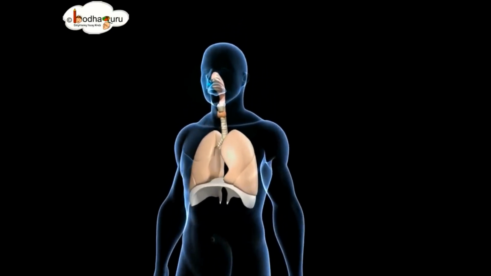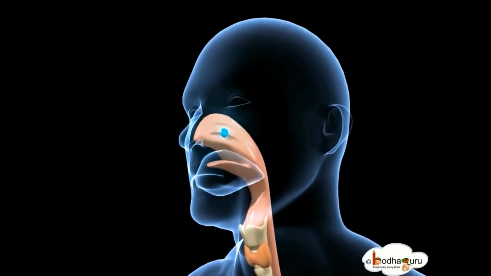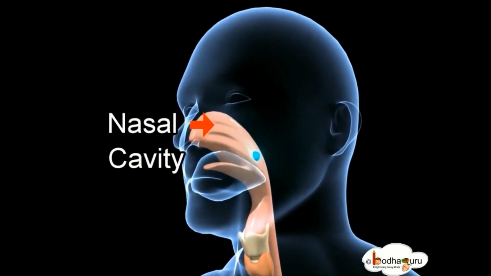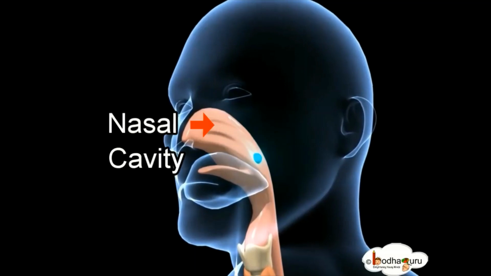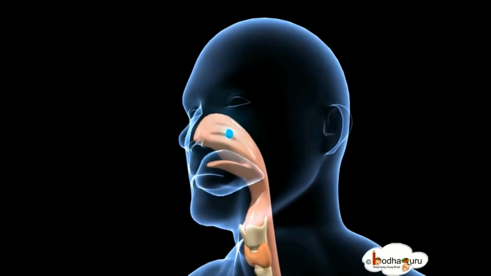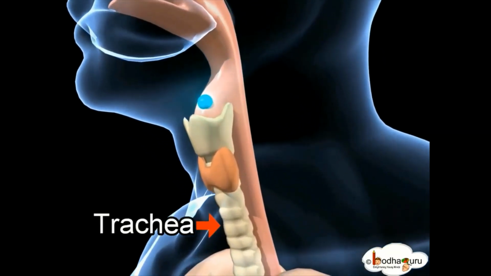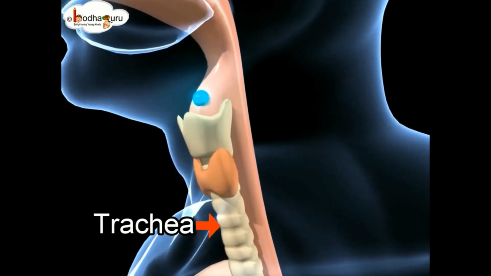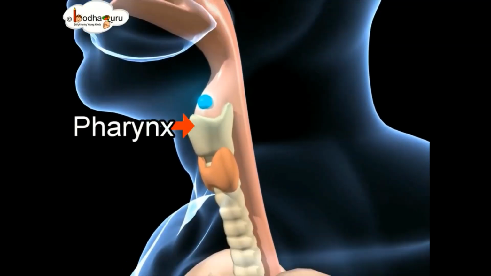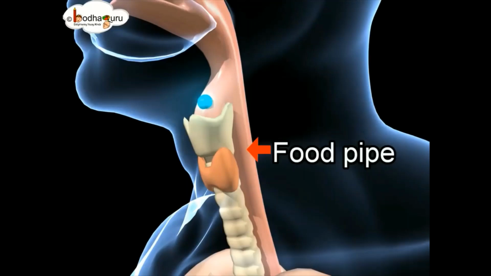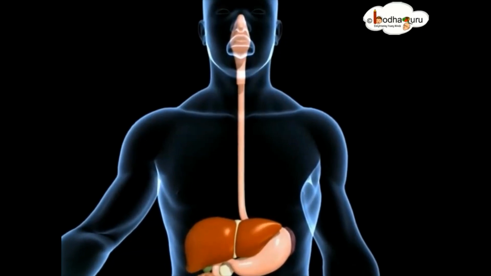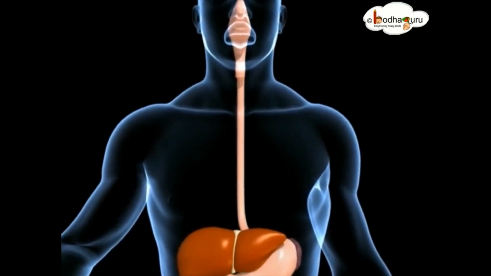Breathing through nose is better as mucus and hairs in the nasal cavity can filter out lots of dirt from the air. Then the air enters trachea or windpipe through pharynx or throat. This pharynx has one more opening which leads to food pipe. Whenever air enters it, stomach sends it back as burp.